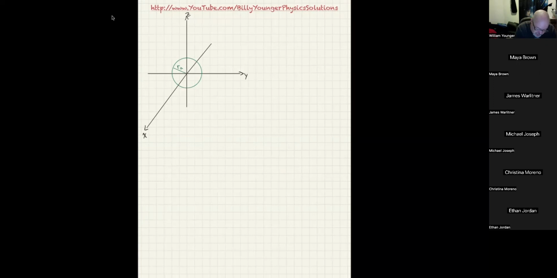So now what I want to do is draw the other concentric sphere. So it goes around like this. Okay, and that one has a radius that goes from here to here, and of course is r_b.